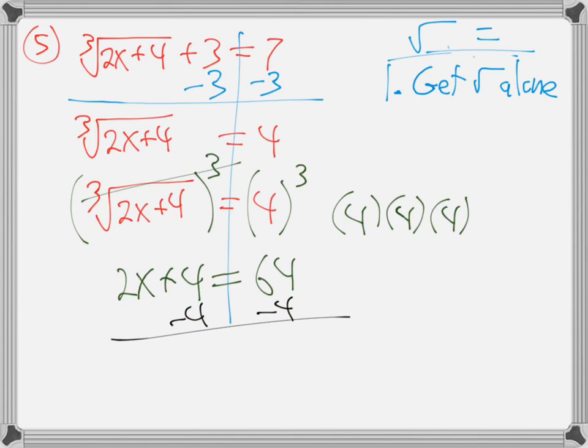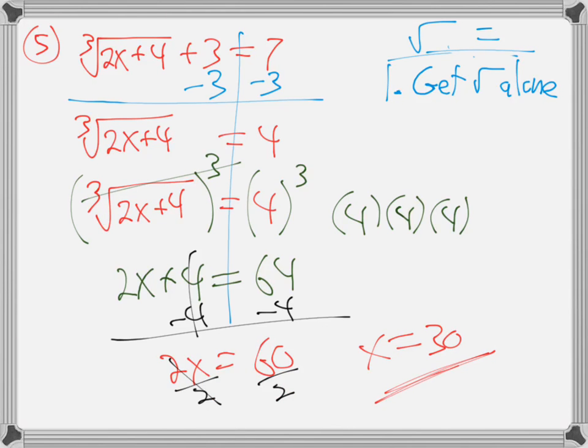Subtract the 4. 2x equals 60. Last step. Divide by 2. X is 30. Are we good? Questions on that one?